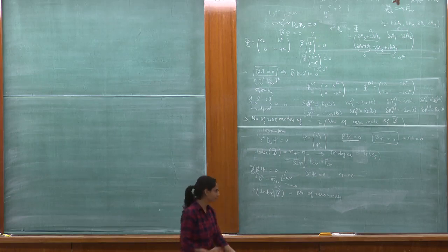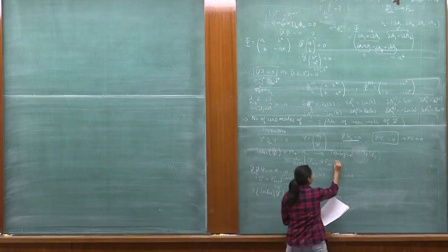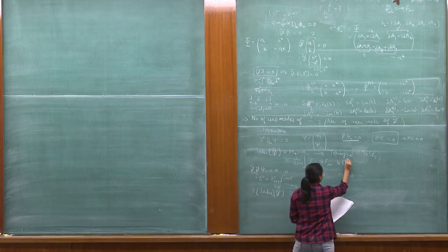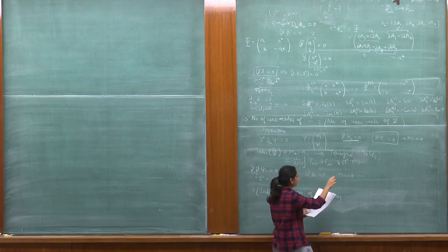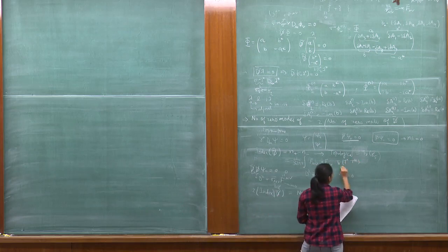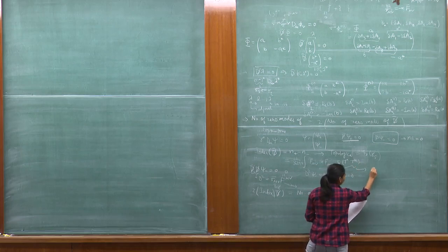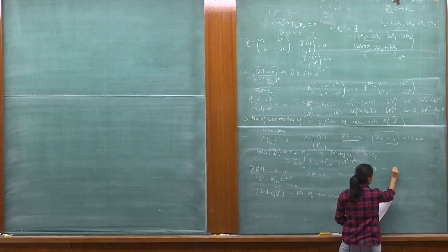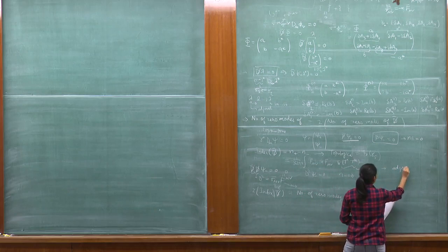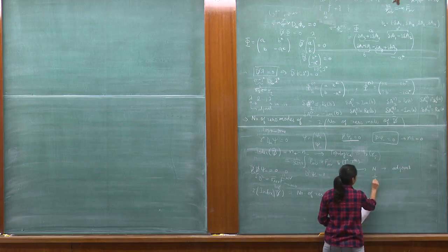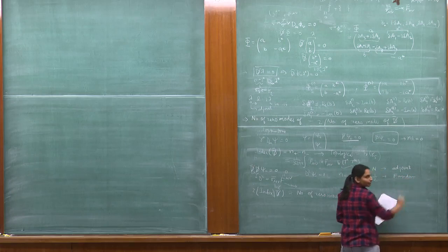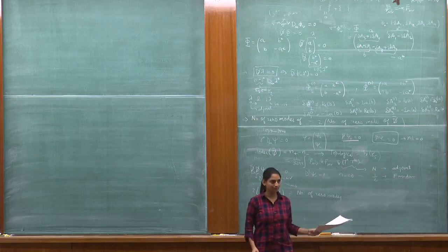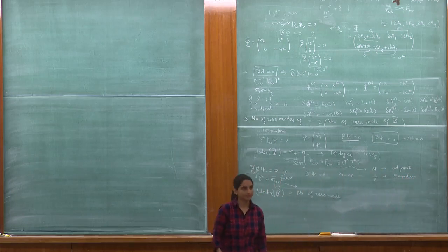I should write that here. There's a trace over T^A T^B, because there was a trace over these indices. And this trace is N for the adjoint, but is half for the fundamental. The relative factor here is 2N for the adjoint and 1 for the fundamental.